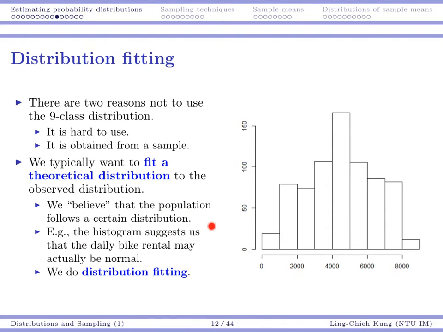We have no idea what that distribution is, but we probably look at the histogram from the historical data and use that to guess what's going to be the population distribution, and then try to see whether our guess is right or wrong. So we're going to try to find a theoretical distribution that has a high chance for us to see the observed values. Okay, and that process is called distribution fitting.